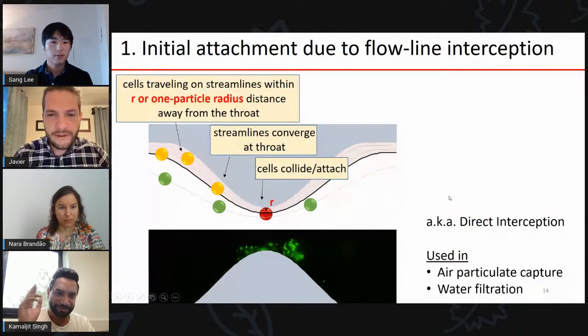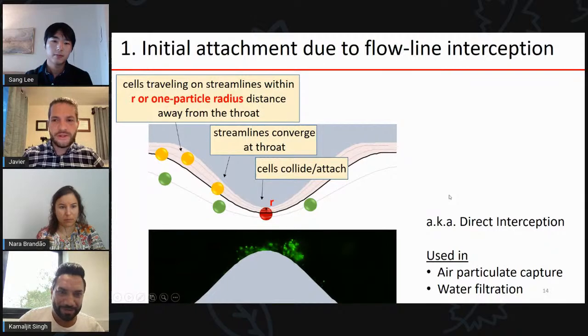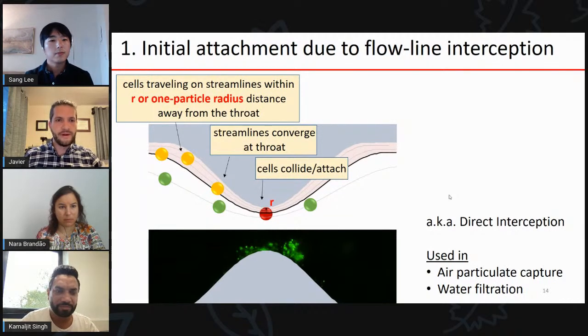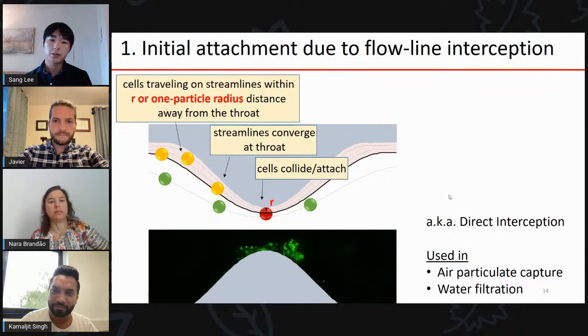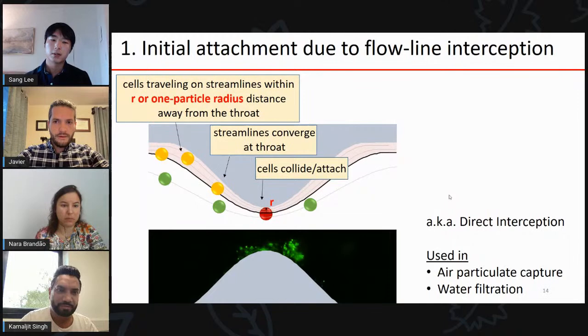Oh, excellent. Thank you. And my last question is, do you think that the surface chemistry of the solid has something to do with this, or is it mainly the pore morphology? Well, I would say it will have an impact especially on the attachment stage, because the strength of the attachment and the probability of complete attachment to the surface will be determined by the interaction between the cell surface and the surface of the walls.